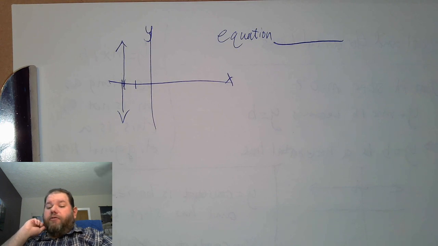Now, whether it's vertical or horizontal tells us which variable we're going to get. In this case, because it's vertical, it means we're working with the x variable.